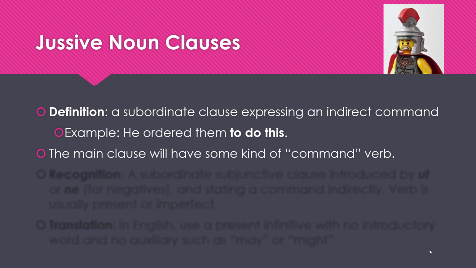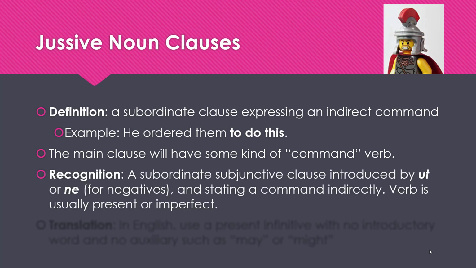Like I just said, the main clause in these jussive noun constructions will have some kind of command verb, and I'll show you a bunch of the common ones in a second. How are you going to recognize it?